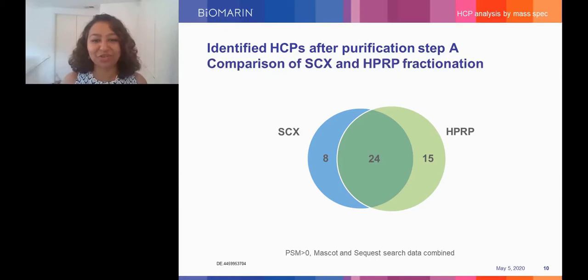In this case, I'm showing what I've typically seen in the past, which is that high pH reverse phase does give us a little more coverage. However, SCX gives you proteins that are not covered by HPRP. And so if you really want to do a detailed characterization of the material, it's best to use both methods.